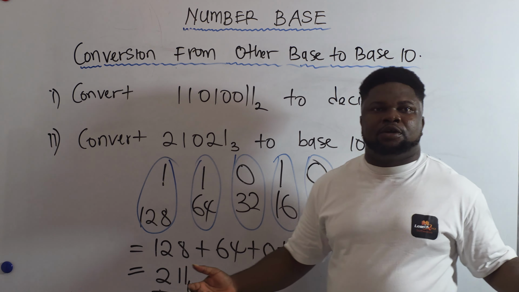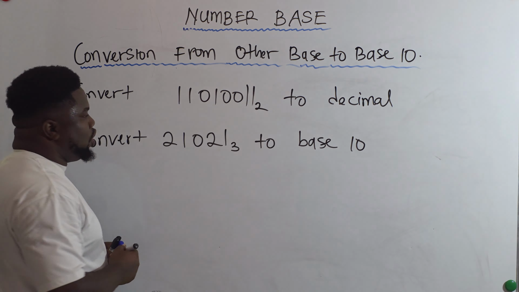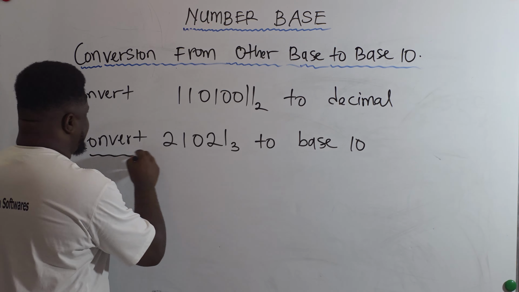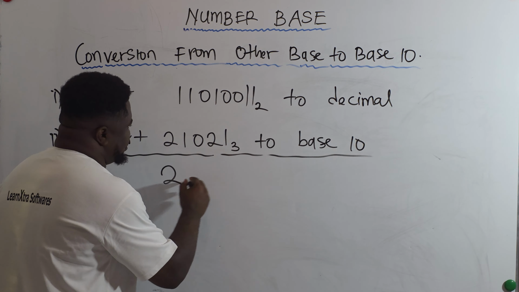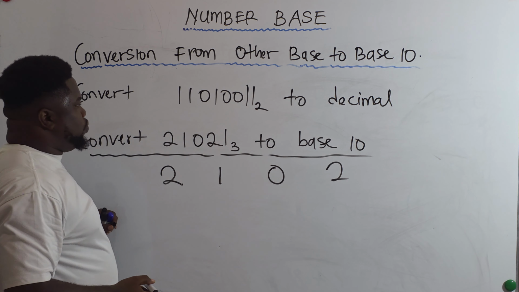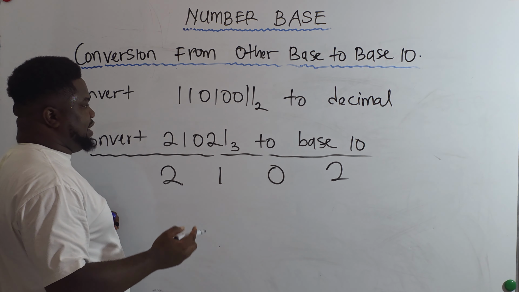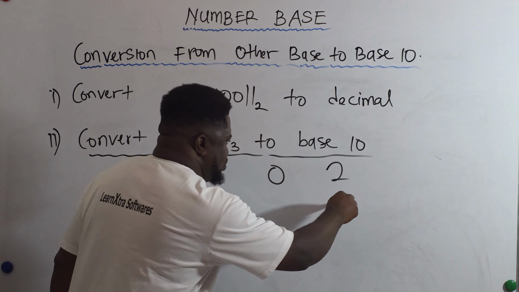Let's solve question 2. So let's convert this to base 10. We simply write it out. That will be 2, 1, 0, 2. We are moving from base 3 to base 10. The position for this place is always 1.